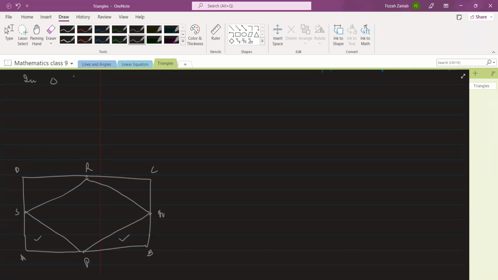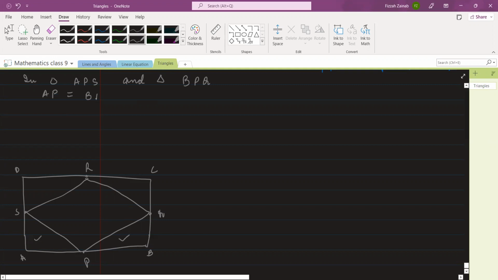In triangle APS and triangle BPQ, I can say that AP is equal to BP.